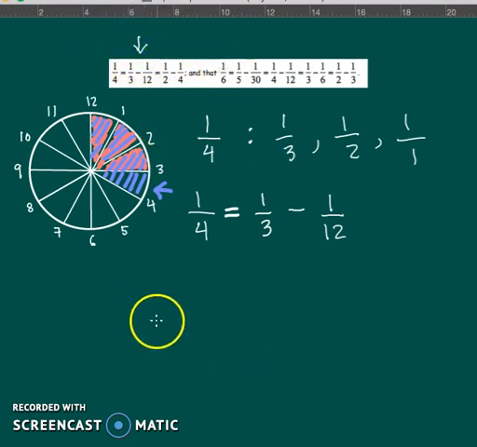And what's the other fraction that we can try? Well, 1/4 is also equal to 1/2 minus something. And let's look at our pie once again. I'm going to get rid of these colors and we can try working with some new ones.